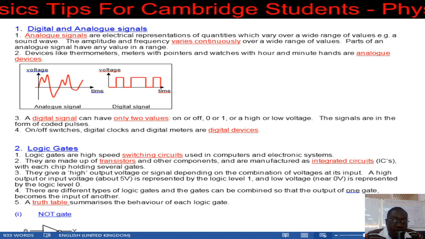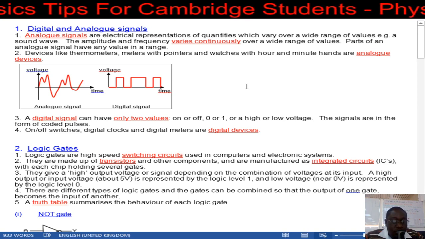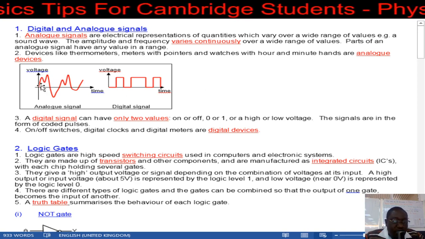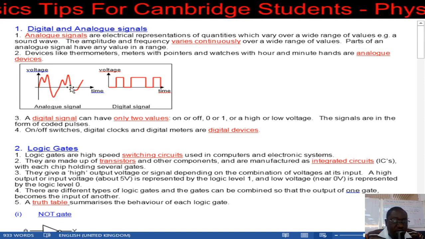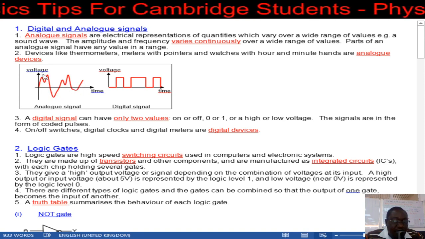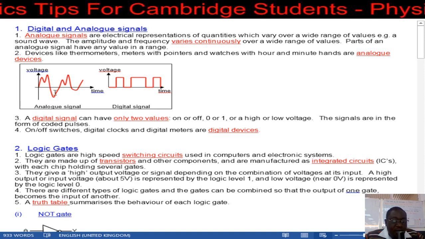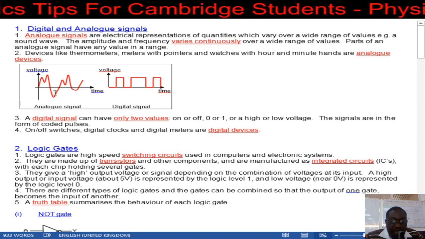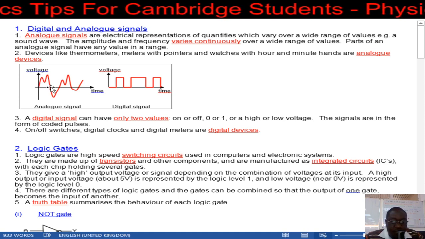Parts of the analog signal have any value in a range. So an analog signal, that's what's shown here. Positive, negative values, positive, negative values. So they vary like they switch. If you remember the topic on electromagnetic induction and alternating currents, that's where I covered this.